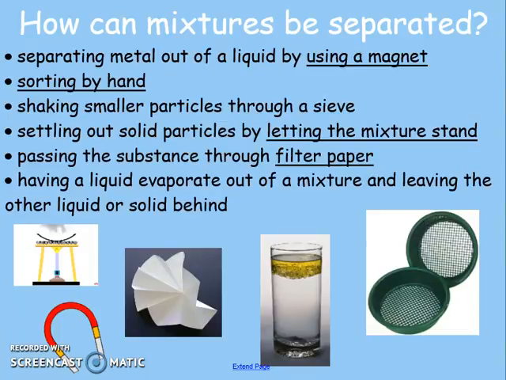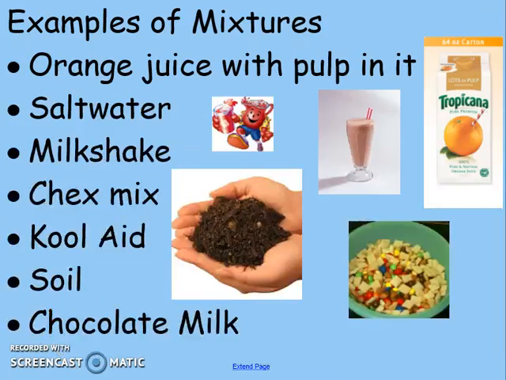Sometimes we can pass a substance through a filter paper, for example, a coffee filter. Sometimes if you have a mixture like sugar water, you could let the water evaporate if you leave it sitting out for a long time, and then the solid would be left behind. What about some other examples of mixtures? Orange juice with pulp in it would be an example of a mixture. Salt water would be a homogeneous mixture because it's the same throughout.